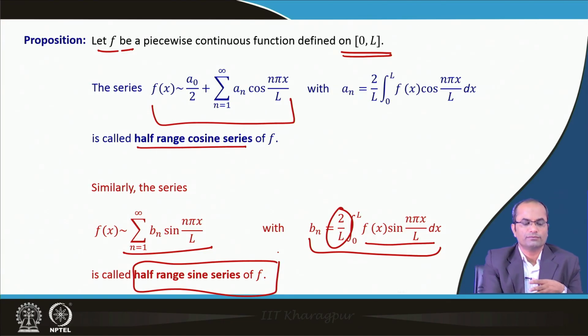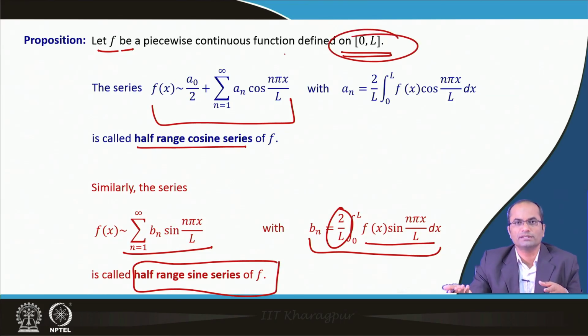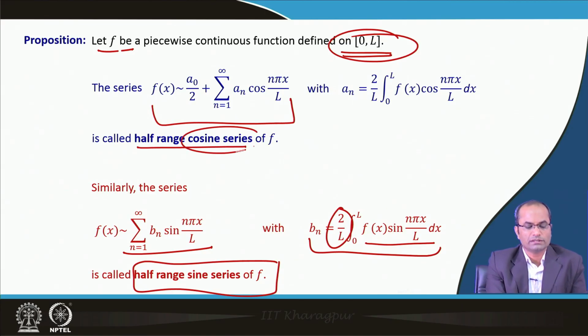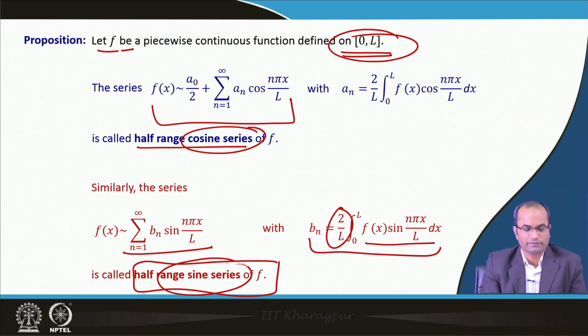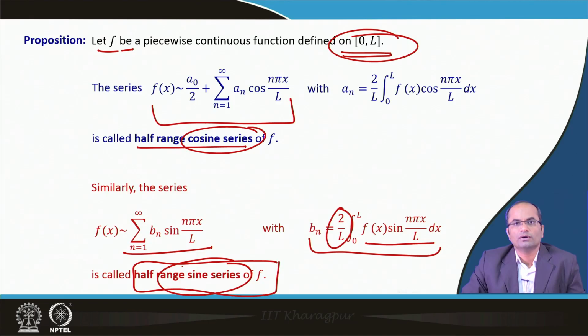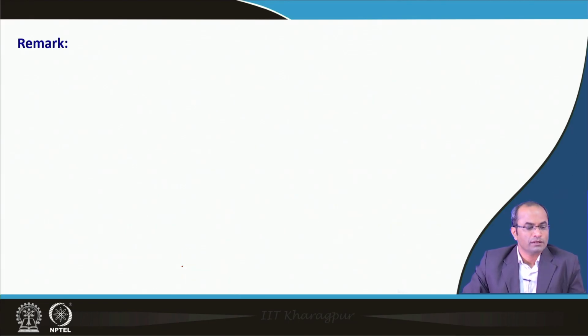On the other hand, for a function defined in 0 to L, we can also have its Fourier series, which may have both the terms sine and cosine. So, to get only the cosine terms or only the sine terms, we have to extend the function to have an even extension or an odd extension.